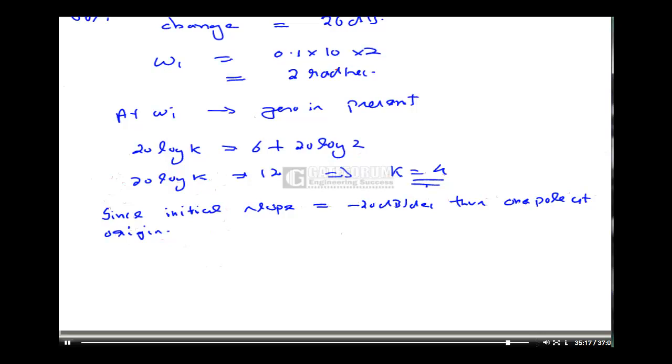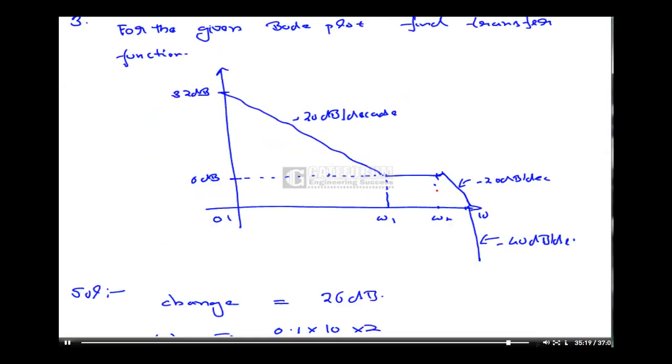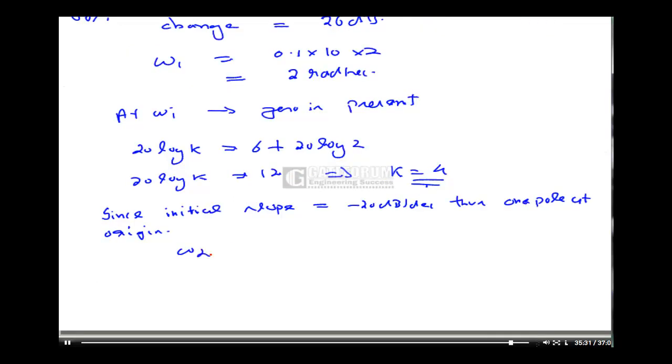Next, to find omega 2. From 6 dB it becomes 0 dB at a rate of minus 20 dB per decade. Thus omega 2 value will be 10 by 2, which is equal to 5 radians per second. At 10 there is again one more pole, which makes my slope minus 40 dB per decade.